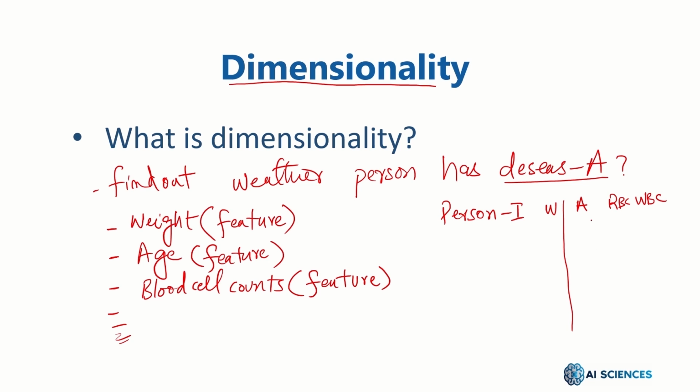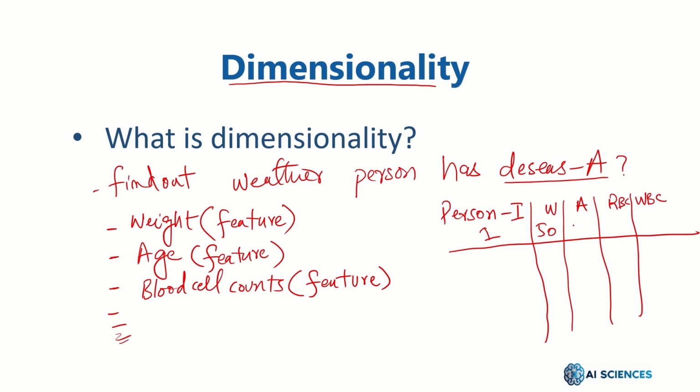If we define a table like so, then for person 1, the weight value might be in certain units, let's say 50. The age might be in years, let's say 45. The RBC in certain units is, let's say, 2, and WBC is, let's say, 3.1.